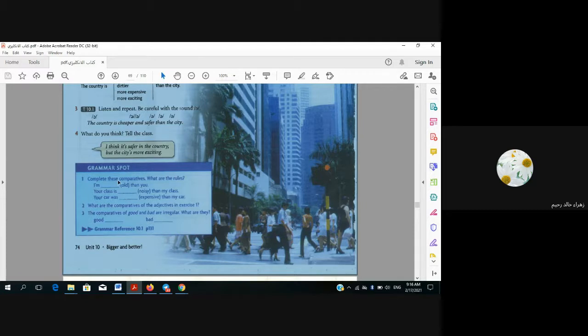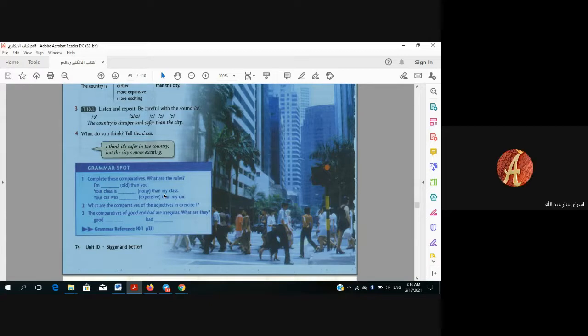Complete these comparatives. What are the rules? I'm older than you. What's the correct form? We add er: I'm older than you. Very good. Your class is noisier than my class.